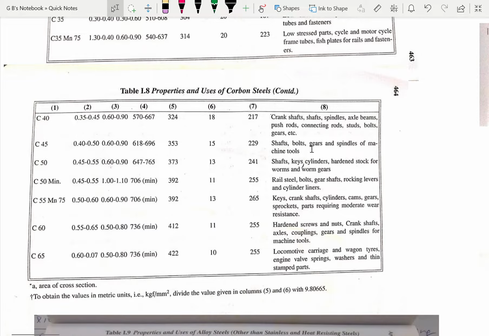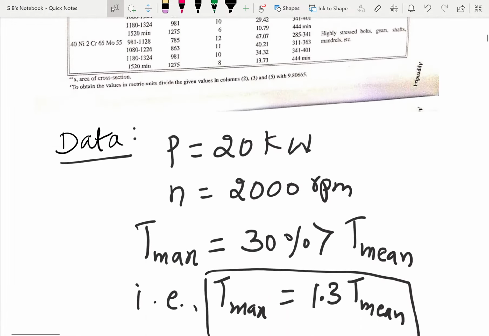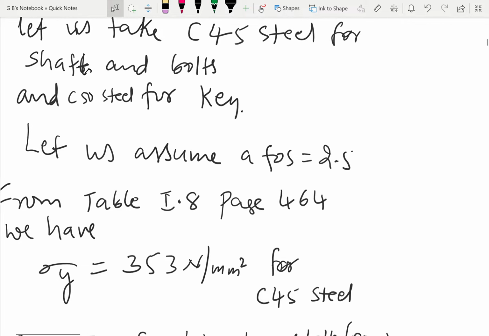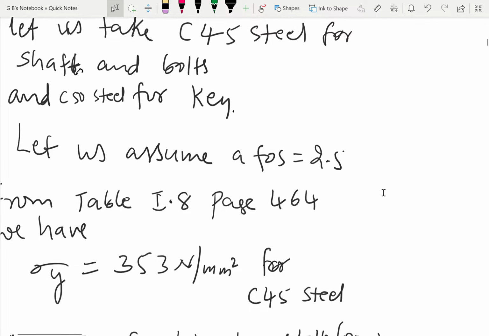For shafts and bolts, we have C45 steel whose yield strength is 353 Newton per millimeter squared. Similarly, for keys, we have C50 steel whose yield strength is 373 Newton per millimeter squared. Let us assume a factor of safety 2.5.